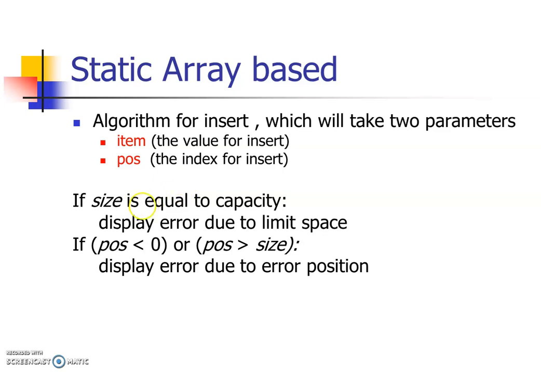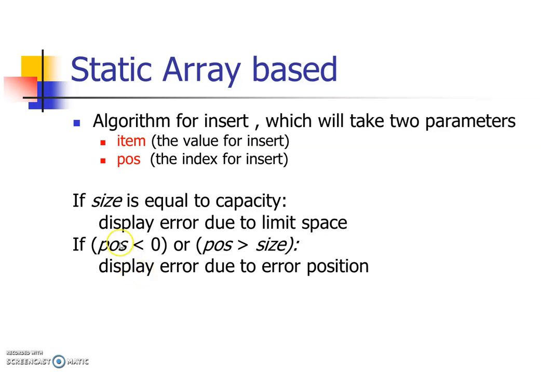If position is less than 0, indicating that you want to insert something at a negative index, that's obviously not going to be correct. Or if you want to insert at a location greater than size, that will break the continuity of the array. So you need to make sure the position is within the size so that you can have a successful insert.